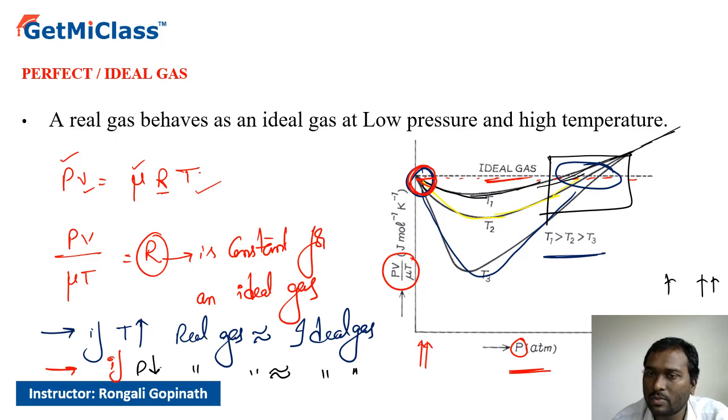As you go to much higher temperature, it is again deviating from the ideal gas curve, isn't it? So you cannot just define it for a higher pressure. But when I say zero pressure, there is only one single point where there is zero pressure, isn't it? So that's why at lower pressures and very high temperatures, a real gas can behave as an ideal gas, right?